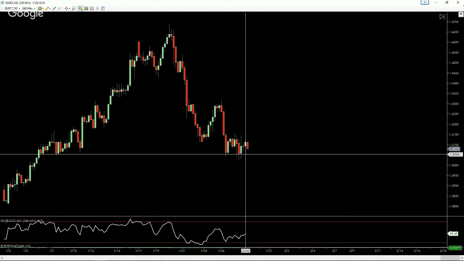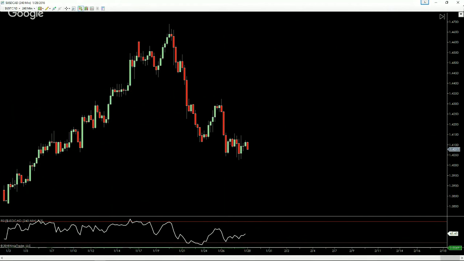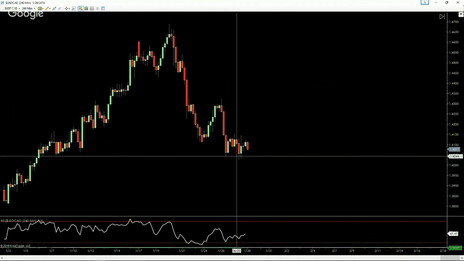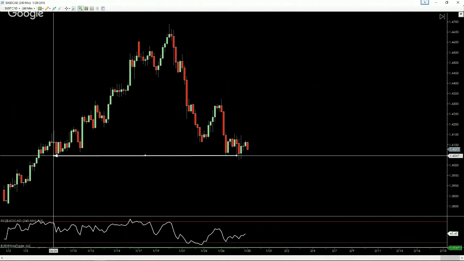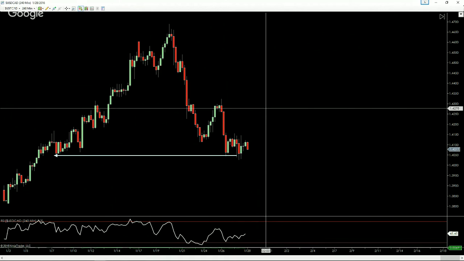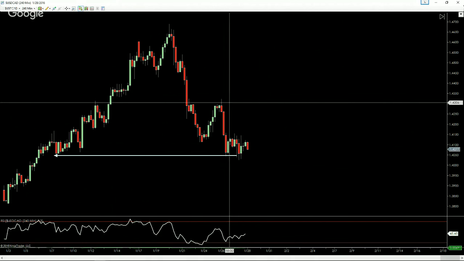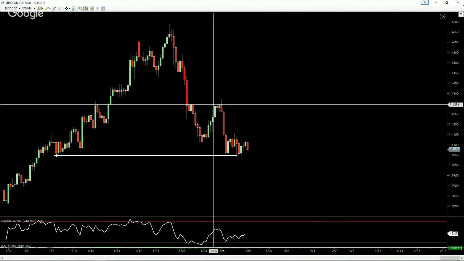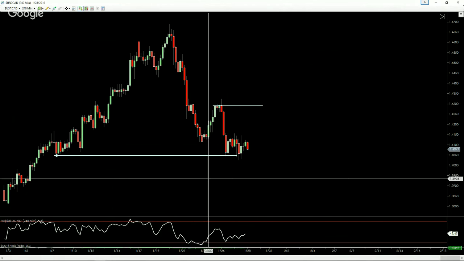If price comes back down to retest this level and doesn't close below the lows, it wouldn't be a bad idea to use this and hop on this trend to continue going up. The targets would most likely be around this area right here, and stops below this low.